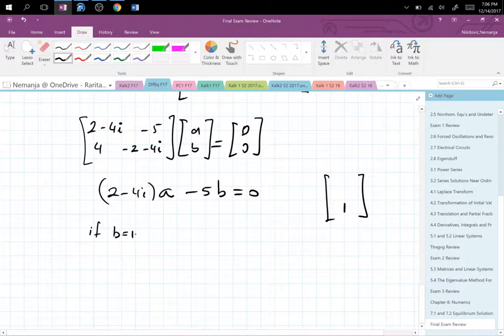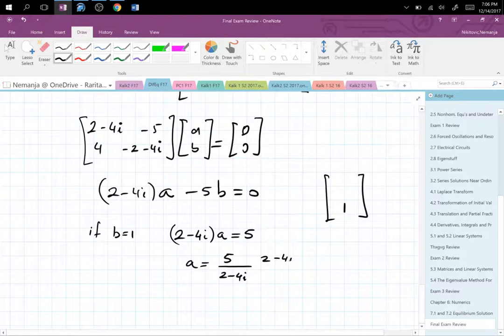You can pick 7.3 if you like. Doesn't matter, you pick whatever you want for b. And because 1 is easier here, you will get 2 minus 4i times a is equal to 5, right? So a is equal to 5 divided by 2 minus 4i.